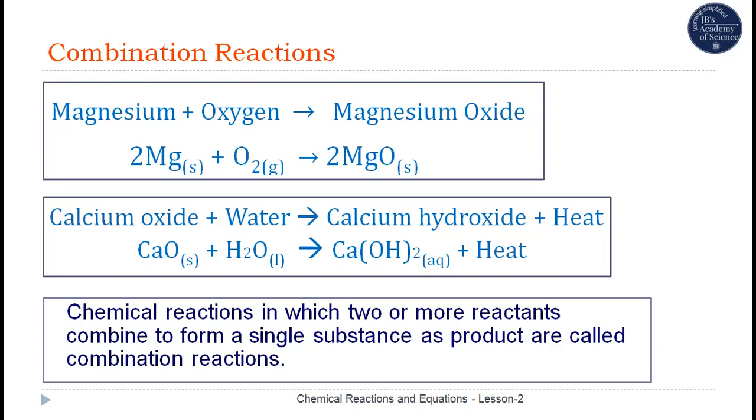These type of reactions in which two or more reactants combine to form a single substance as product are called combination reactions. Two or more reactants combine to form a single product. Remember, in combination reactions, product will be only one substance.